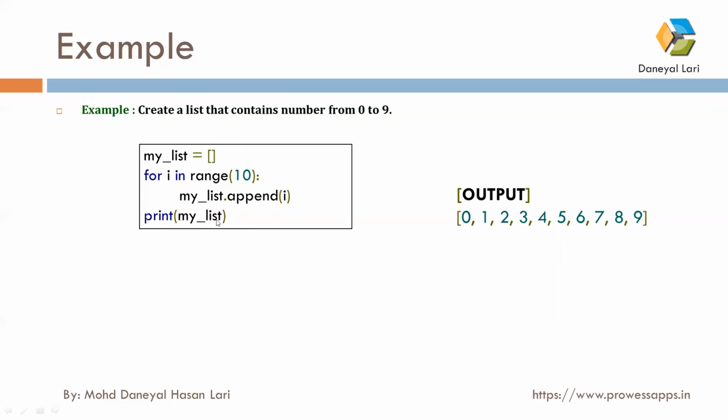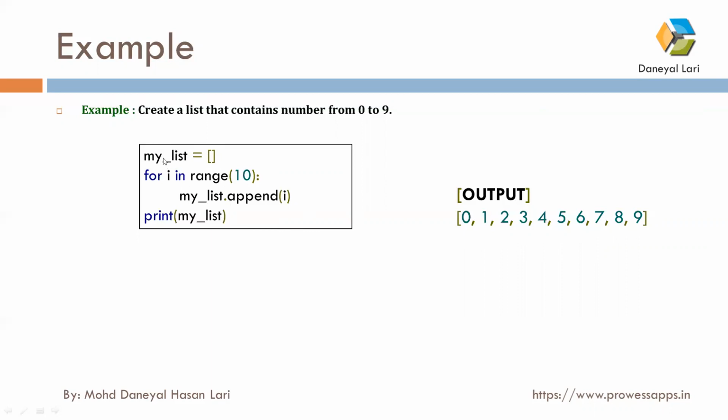Then you will print your list. This statement will generate a list that contains the numbers from 0 to 9. As you can see, the output will be 0 1 2 3 4 5 6 7 8 9. I hope the whole statements are now clear.